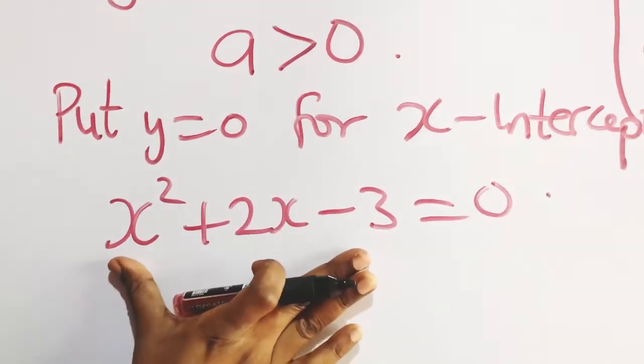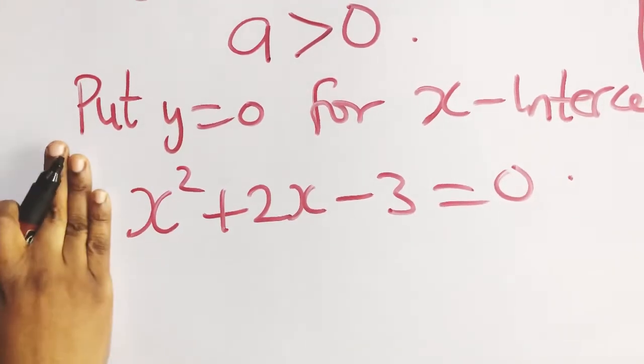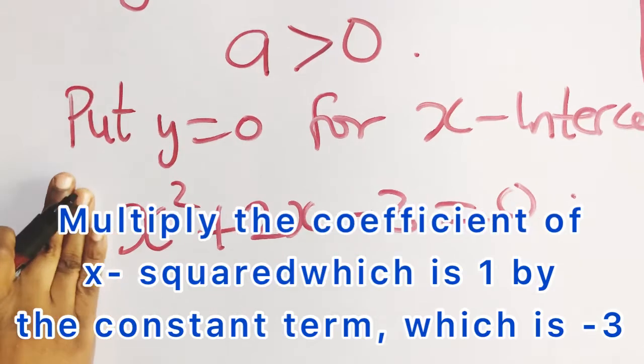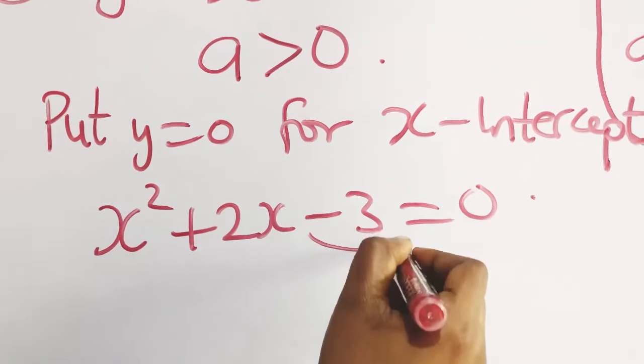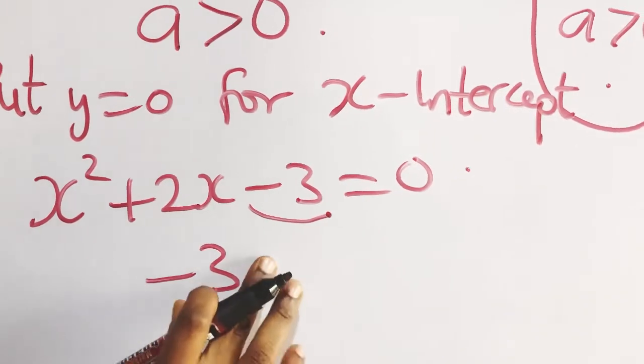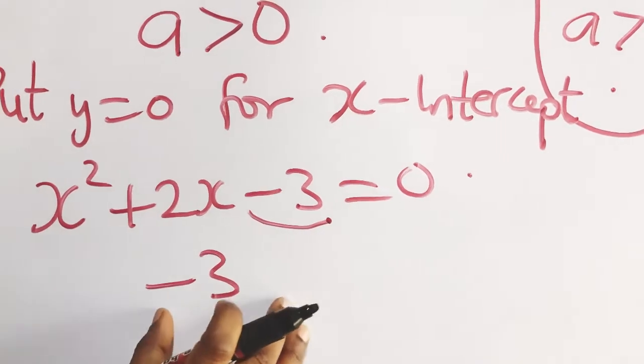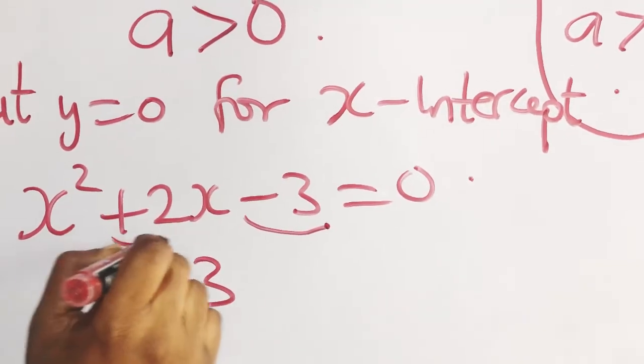So we need to solve the equation now. Multiply the coefficient of x squared, which is 1, by the constant, which is minus 3. So we have minus 3. Look for two factors of minus 3 that when you multiply and when you add together, you must get plus 2.